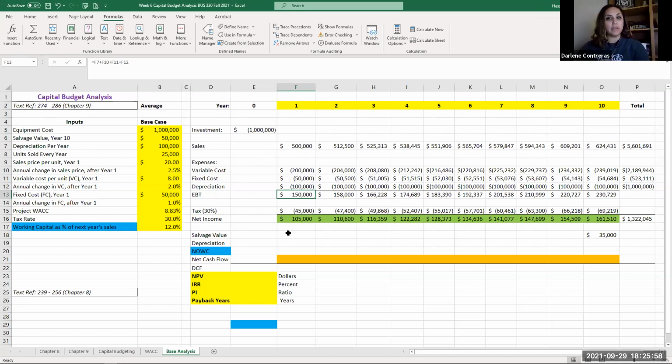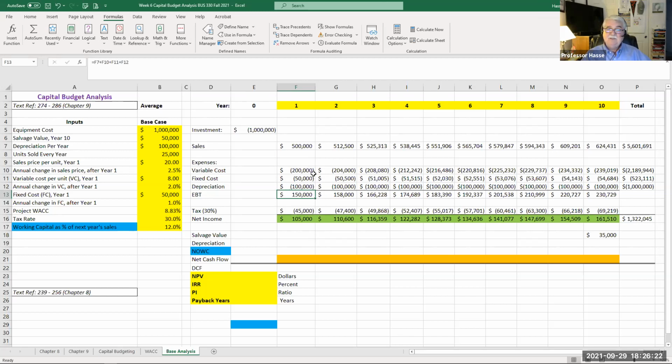Mr. Hassey, could you just autosum? Yeah, you could have done that too. I wanted to show you how that works. That's okay too. Now, I'm putting these in as negatives because I wanted you to see the expenses.